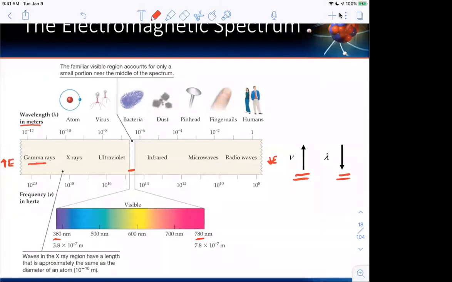I've corresponded some of the meters to sizes of different types of objects. Atoms are on that 10 to the minus 10th meter scale. It's very, very small.